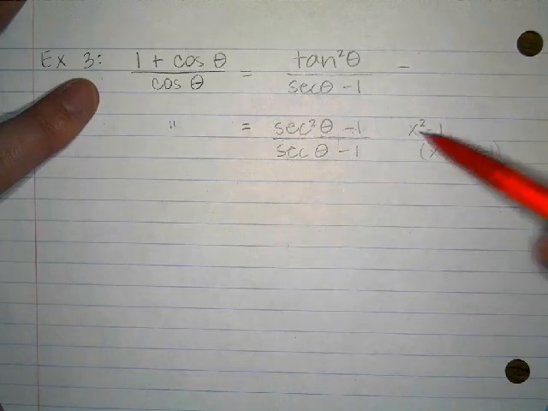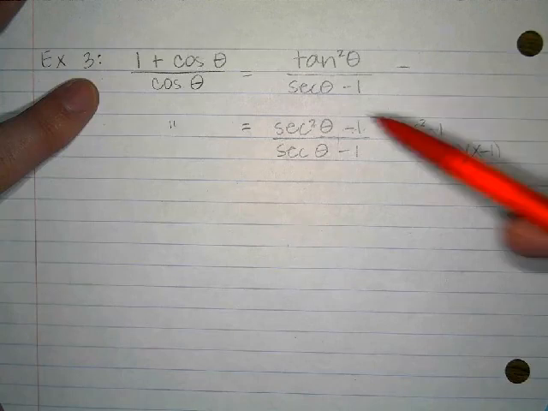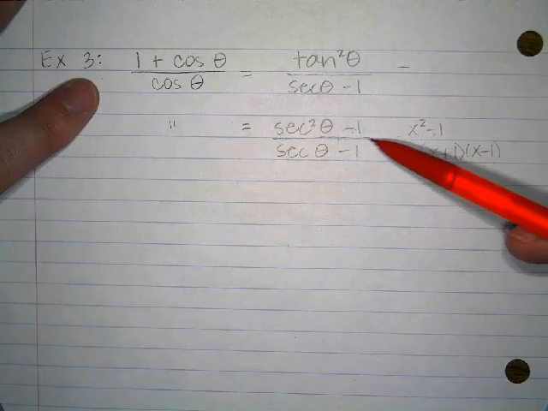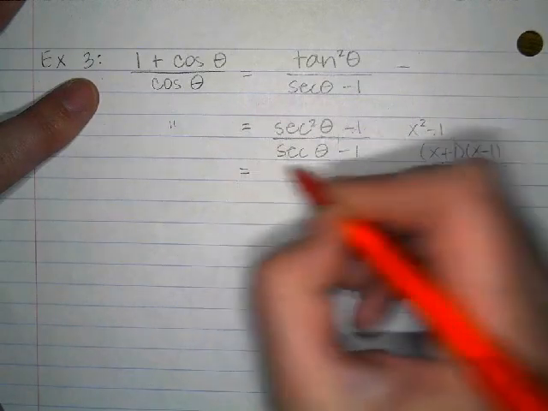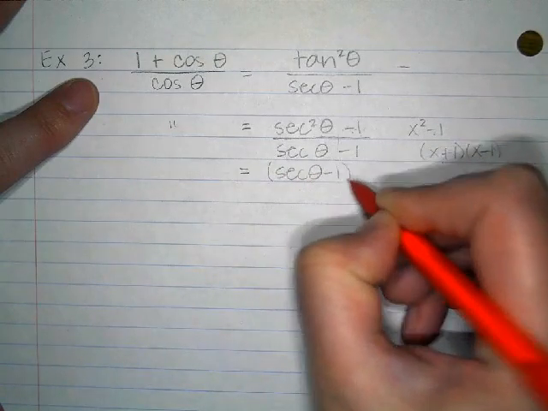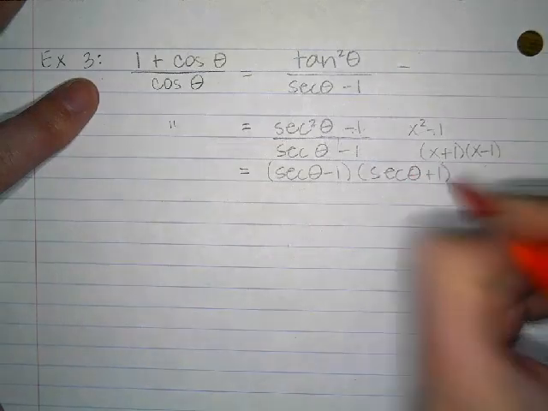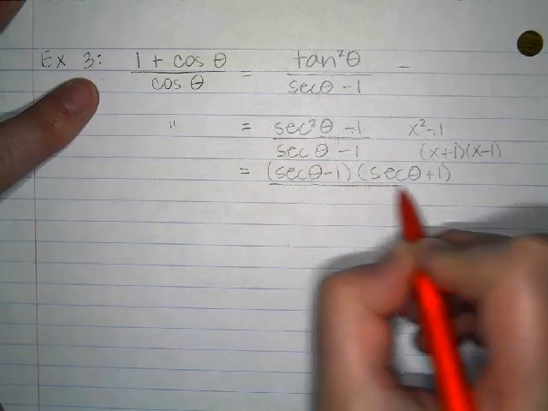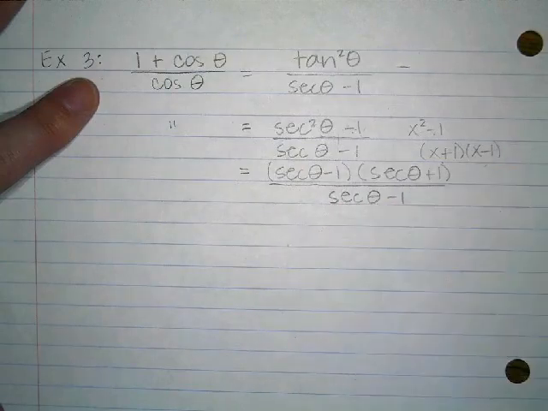So since we can factor it, we've got secant minus 1, secant plus 1. So we've got factors that cancel.